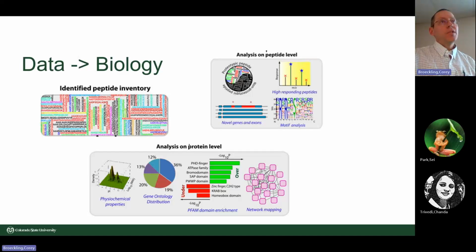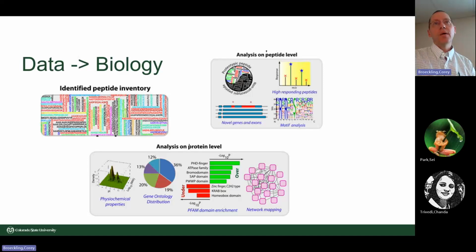Once you've mapped your proteins to gene ontology type functions, you can actually be looking at your statistically significant proteins and saying, are specific GO terms changing more than another? This can also be done with these PFAM domains. So again, regions of a protein that might represent certain biochemical functions in a little bit more sequence-specific manner. And you can also do things like network mapping.